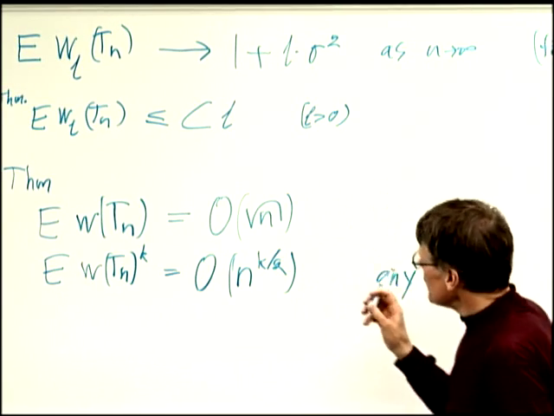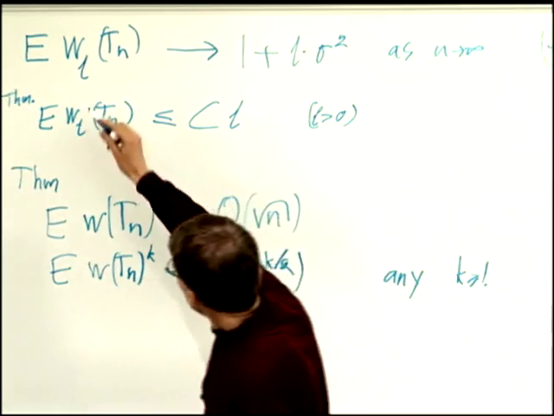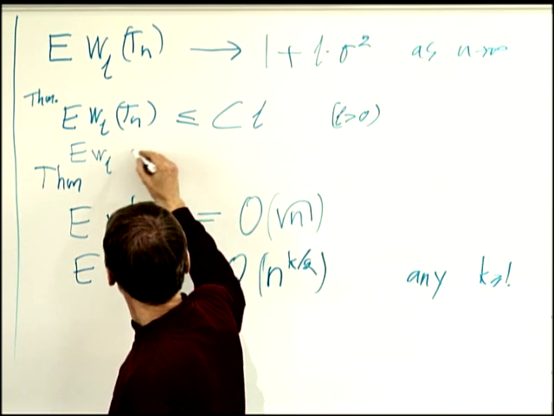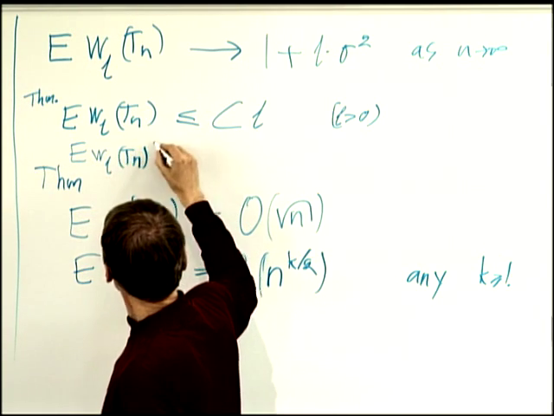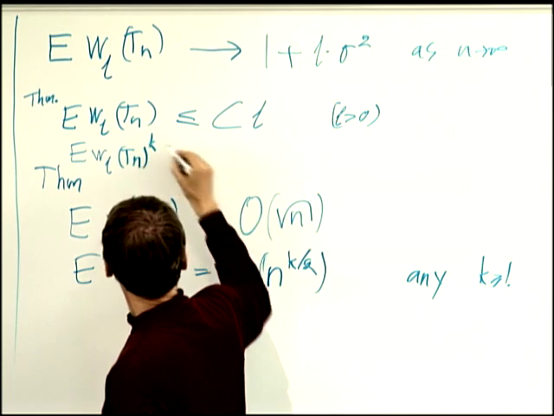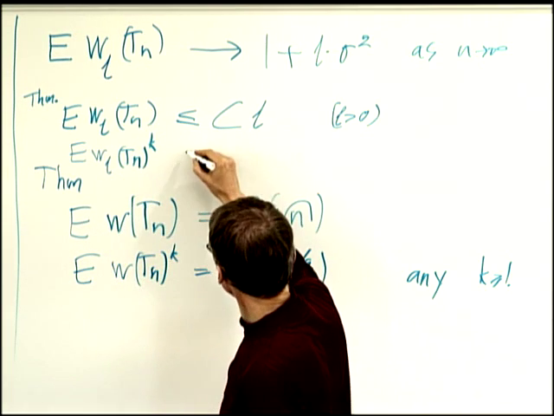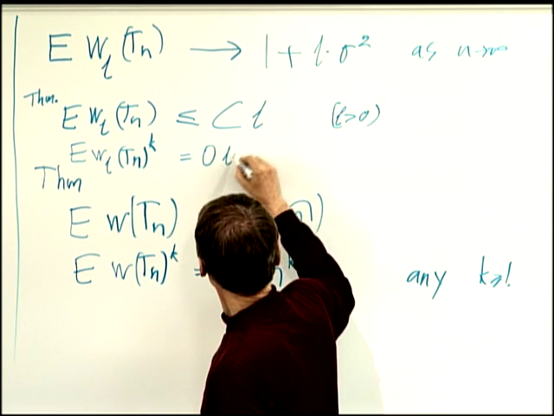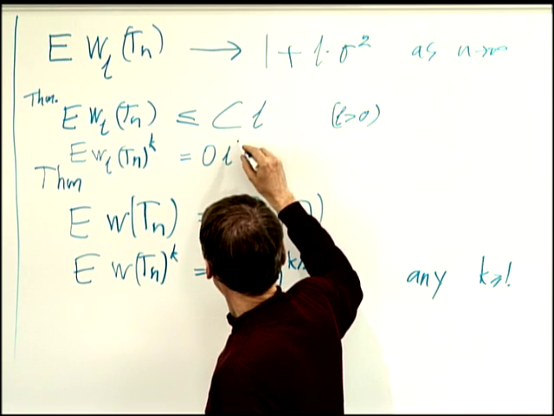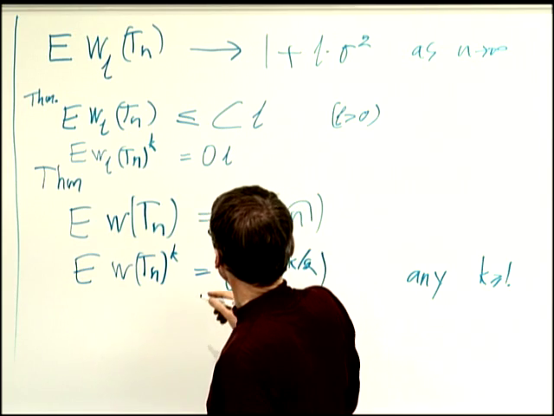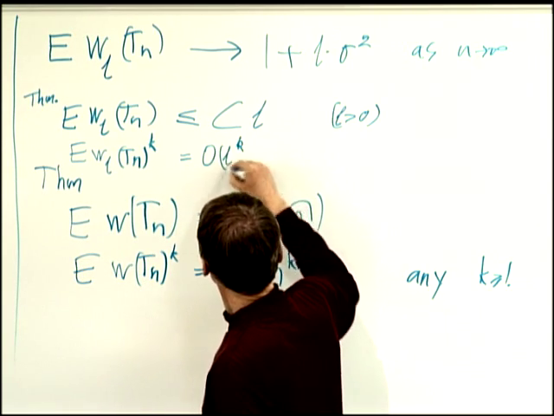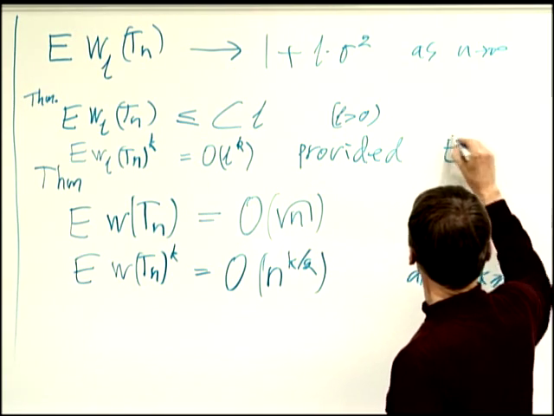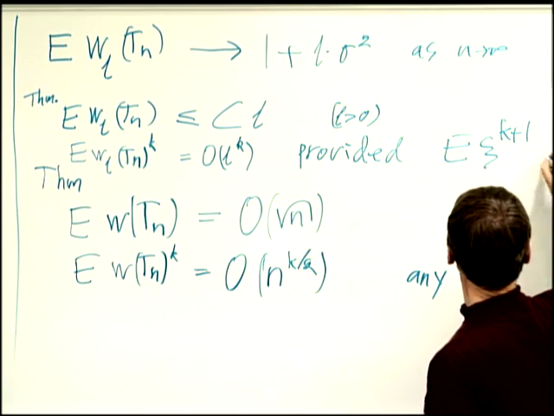And here's something which I find interesting. We can do the same thing here. Maybe I should have done that earlier, but as I said, this is work in progress. If we take a fixed L and take the kth moment, this is now of the order of L to the k, provided we have a (k+1)th moment.